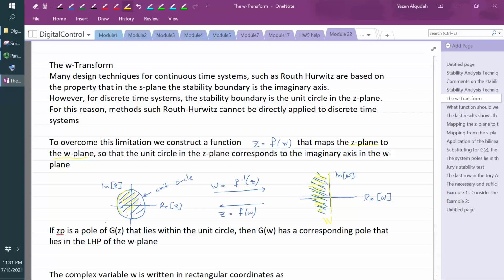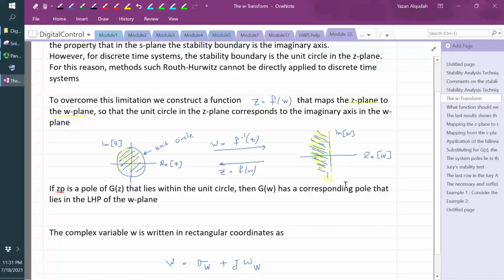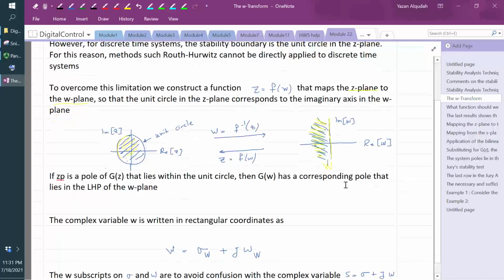I hope this is clear. So basically what we are doing is introducing a new transform. What this transform is going to do, again, is take the inside of the unit circle and map it to a new plane. We call it W, not omega, W. Anything that's inside the unit circle is going to be mapped to the left half plane of this W plane.